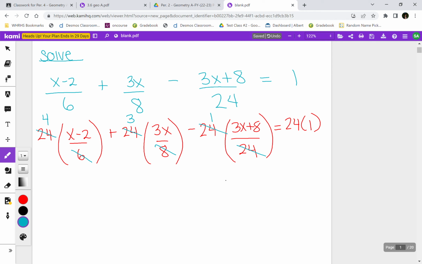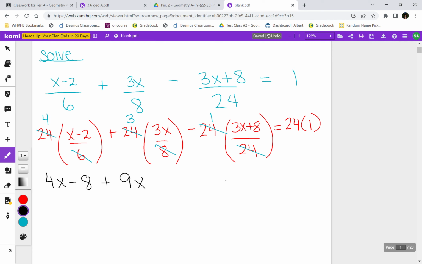So now I have 4 times the quantity of x minus 2. I need to distribute that in, so we get 4x minus 8. 3 times 3x is 9x. Now, a lot of you were messing this up on the test that we just took.